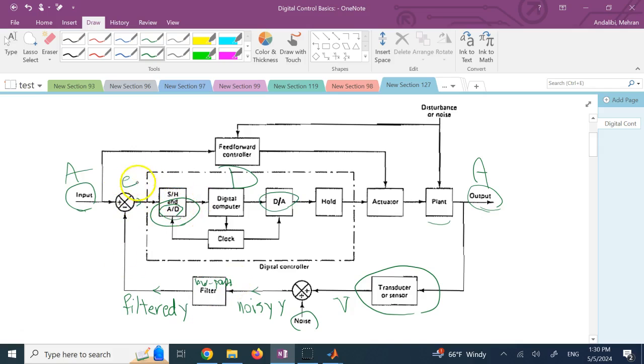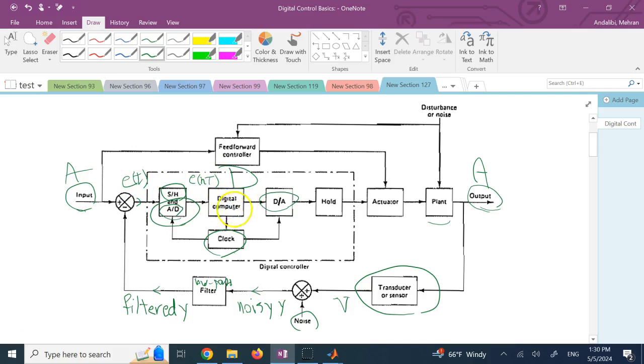But you send it in, so here you can generate the error signal E, and then this E could be analog, but now it has to be converted to digital signal. For that, we use this sampling and hold circuit and then A to D circuit, and everything here is synchronized by the clock of the system. And then once this digital signal is formed, it is going to be E of nT instead of E of t, and it goes to a digital computer where your control algorithm resides.